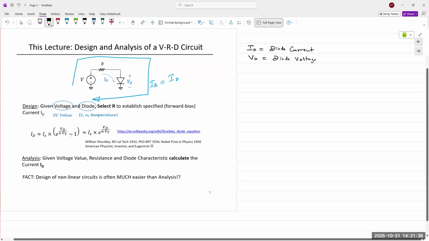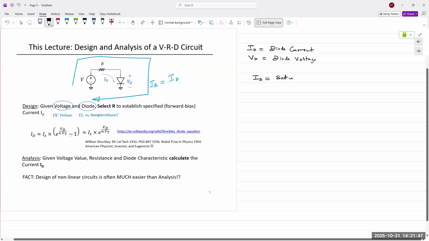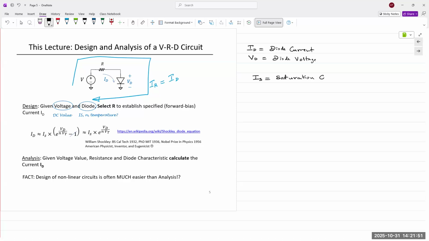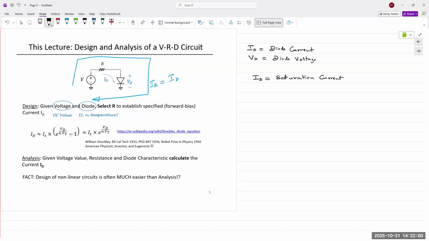And there are three other terms in this equation. Primary amongst them is IS, the saturation current. The saturation current is a very, very small current. It's a result of the manufacturing process.